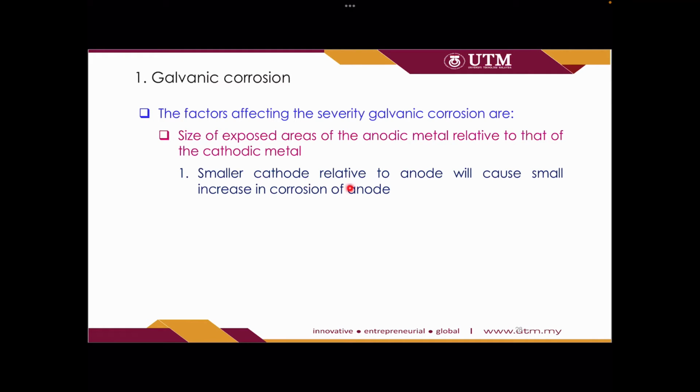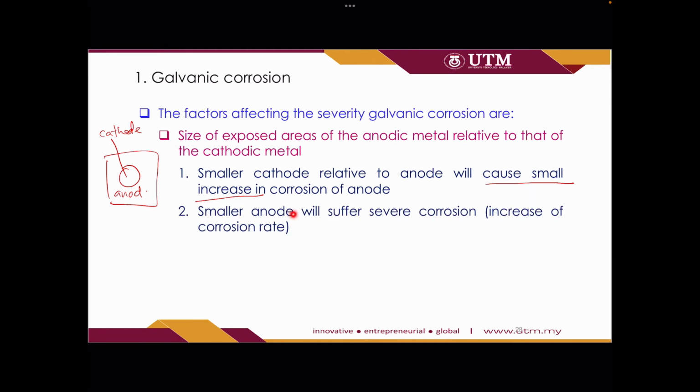Imagine you have two parts, one small, one big. If you have a smaller cathode, this is small, so this is the cathode, then it will cause a small increase in corrosion of the anode. This is the anode, larger in size compared to the cathode.